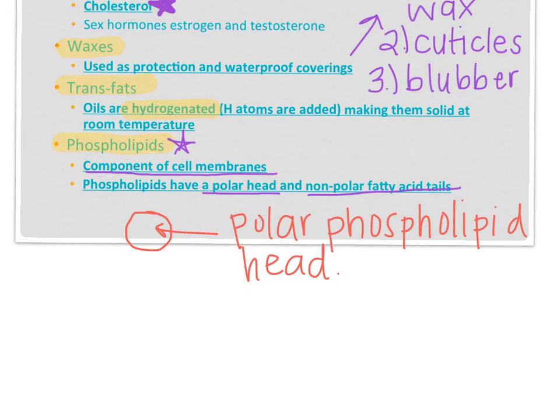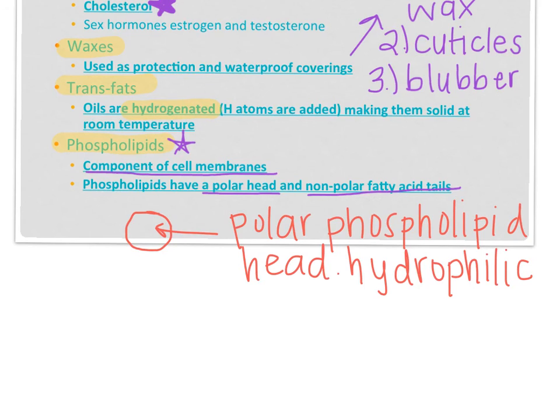Now, polar means that it likes water. So we can also call this portion of our phospholipid hydro, meaning water, philic, meaning loving. So if something is hydrophilic, it is water-loving, just like the polar head of our phospholipid.